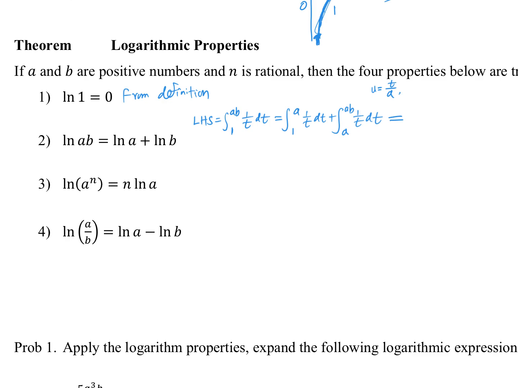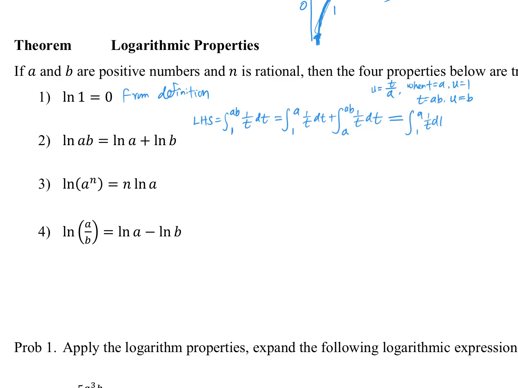So when t is equal to a, your u is 1. When t is equal to ab, what is your u? u is ab divided by a, which is b. So u is b.